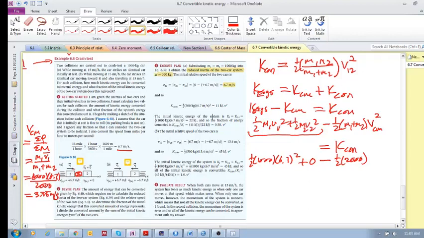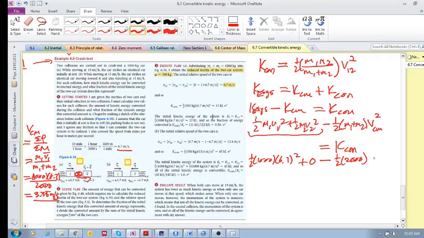As this car is approaching this car, there is a center of mass traveling at this velocity in that direction. And so we calculate the kinetic energies of these cars, and we subtract the kinetic energy of the center of mass.